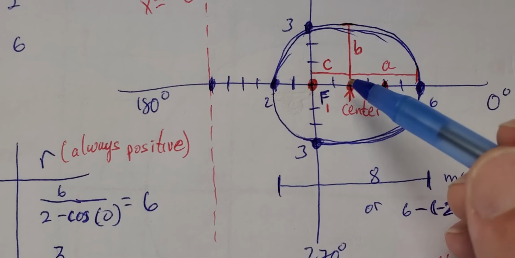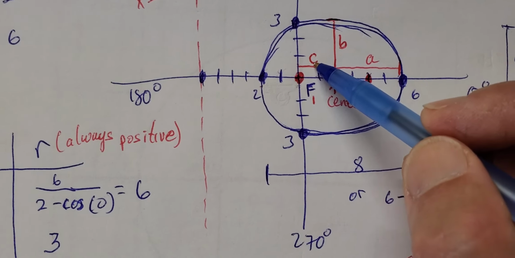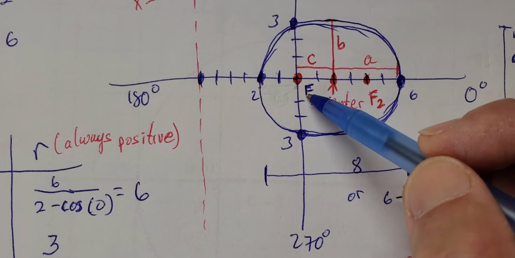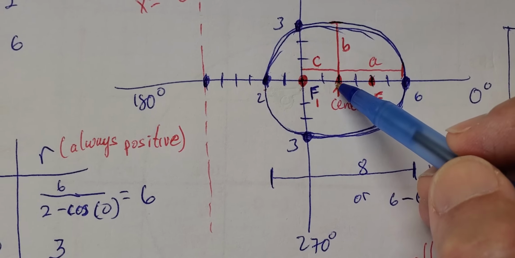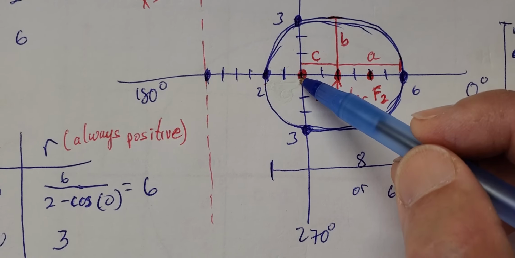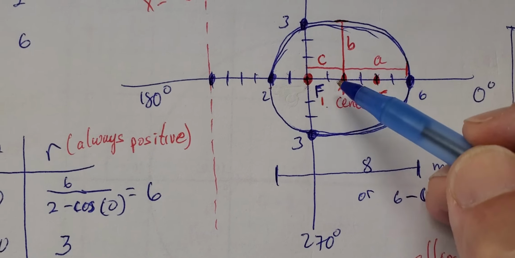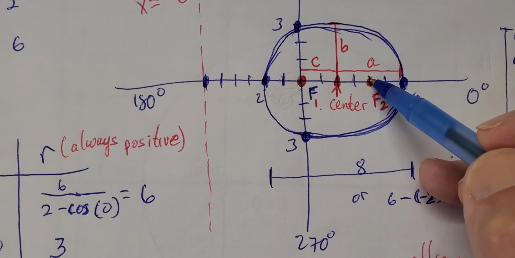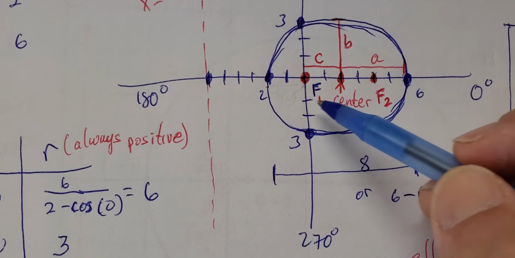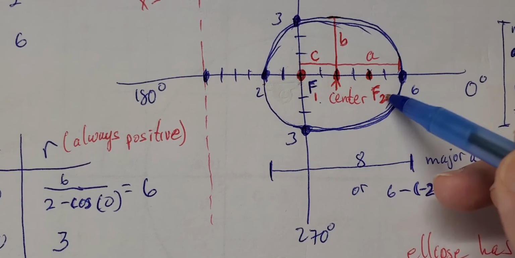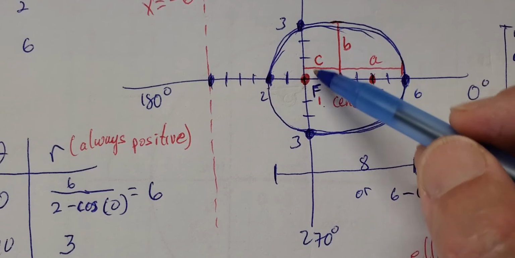One more time, the distance of c will determine the focus. So from the center, 2 to the left will be my first focus. From the center to the right will be my second focus. So that's how I find my focus, using the distance of c.